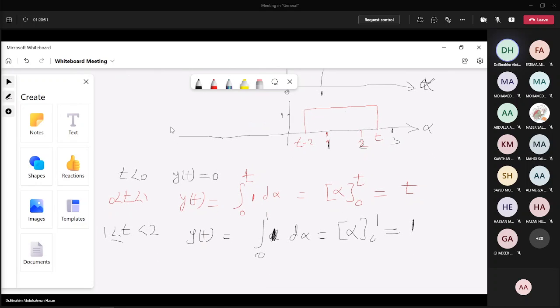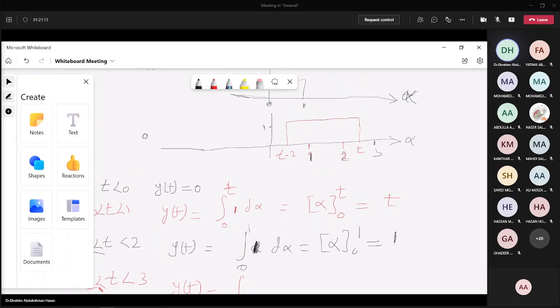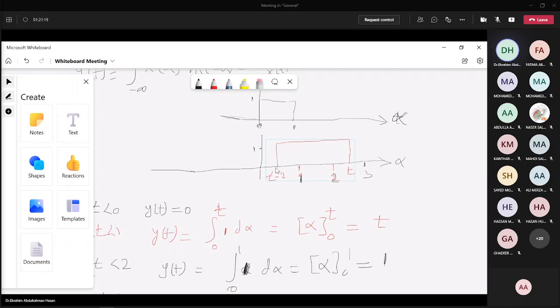I will finish in 5 minutes. So if t is greater than 2 but less than 3, then what is y of t? y of t equals, again, integration. The multiplication of these two gives the following. Anything before t minus 2 is equal to 0.